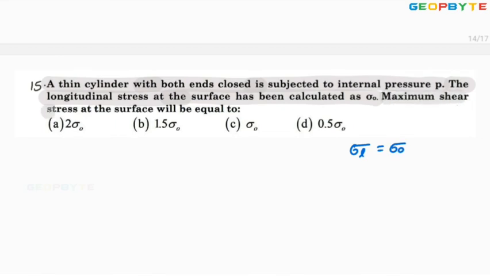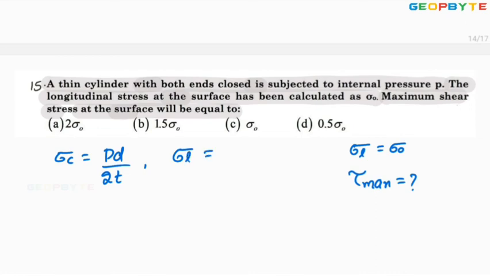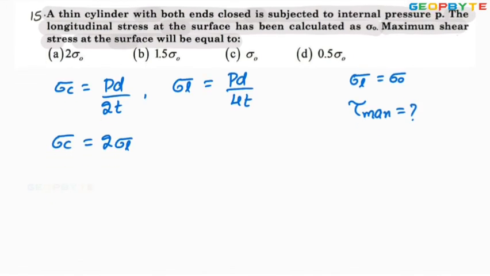You are asked to find the maximum shear stress at the surface. Since sigma c equals PD by 2T and sigma L equals PD by 4T, I can say that sigma c equals twice sigma L. It is given sigma L equals sigma naught, so this is the sigma c.